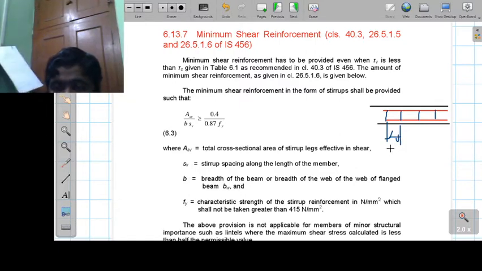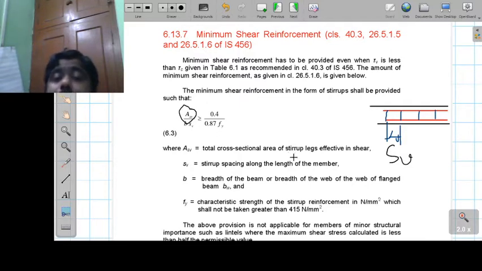Okay, so this sv is denoted as the spacing of the stirrups. Okay, and then what is Asv? This Asv is talking about the area of the stirrup legs. Okay, suppose we have stirrups like that. This is called two leg stirrups.